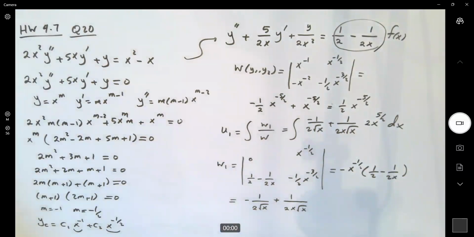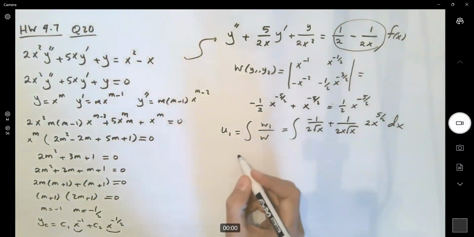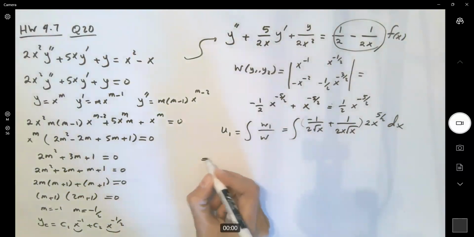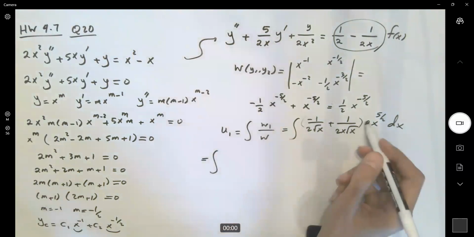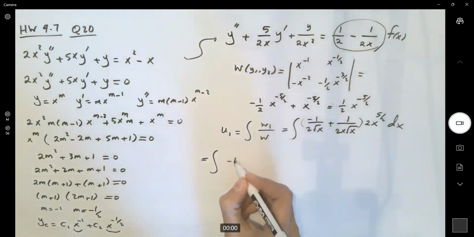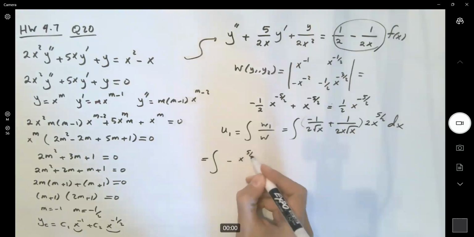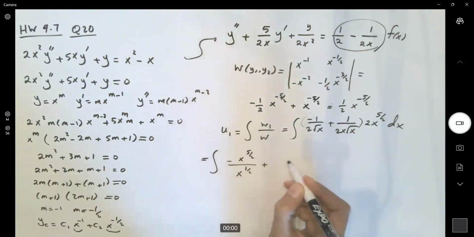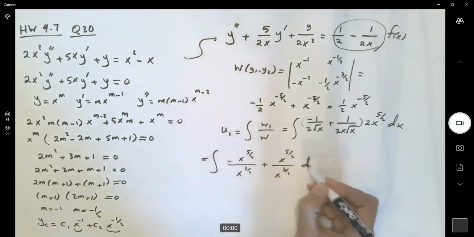We need more space. So this integral becomes the integral of, here you can cancel out 2 and 2, -1, and here you have x to 5 halves divided by x to a half, and here you have plus x to 5 halves divided by x to 3 halves dx.